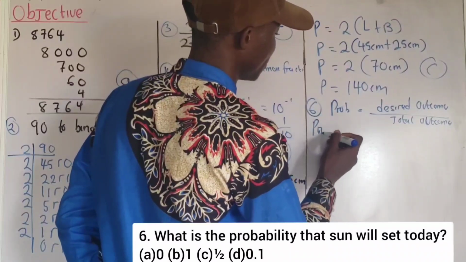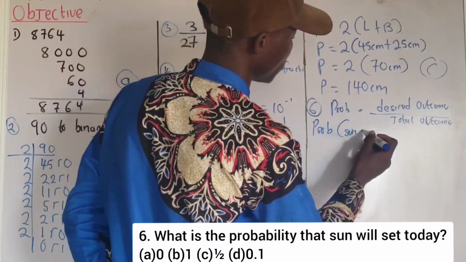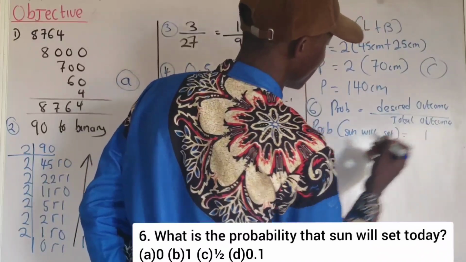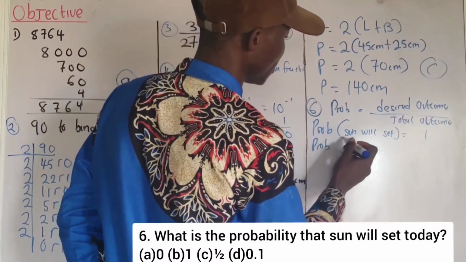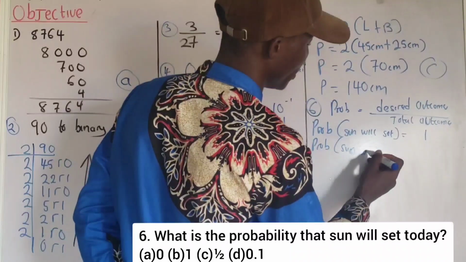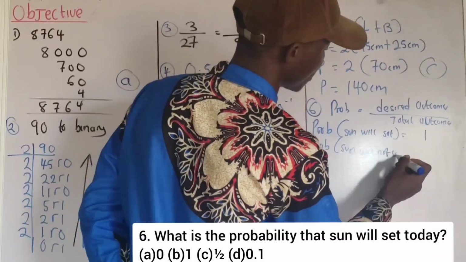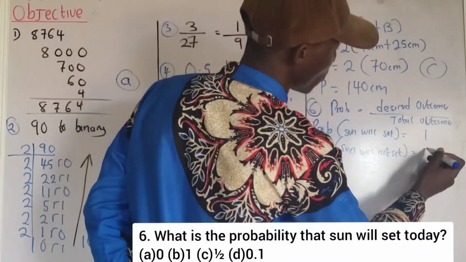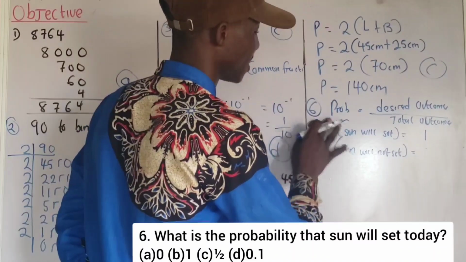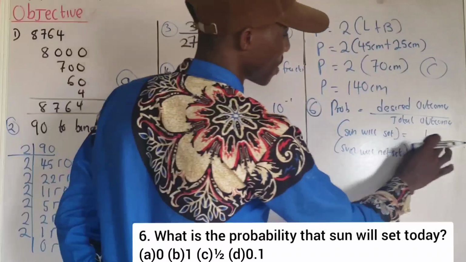The probability that the sun will set is 1. The probability that the sun will not set is also 1. Please listen. The sun will set, we call it 1.